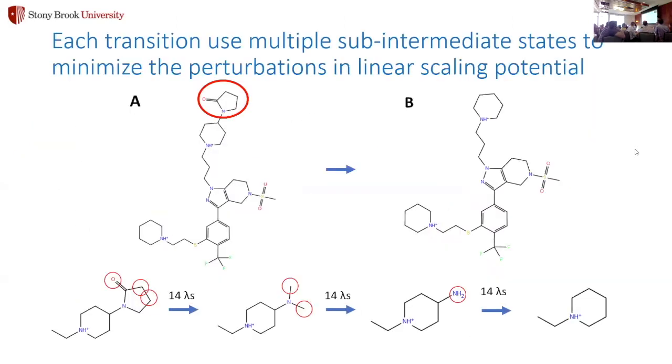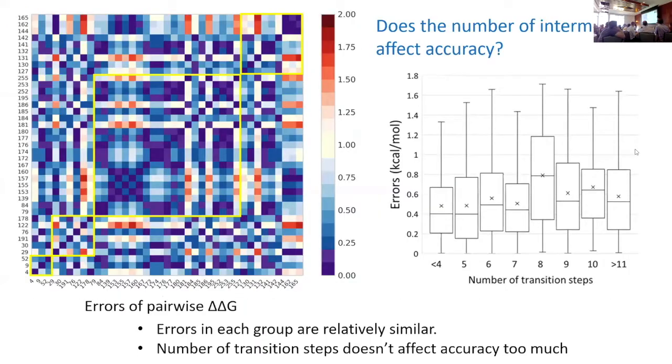So what we do is we construct a heat map. Blue is high accuracy, red is low accuracy. It's a pairwise delta delta G error. We have 39 ligands, so 39 times 39 little squares we see here. The values encircled in this yellow region are delta delta G for ligands coming from the same group.